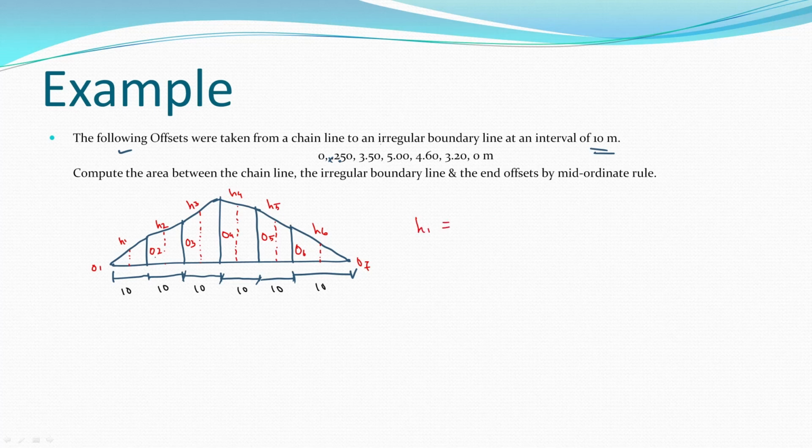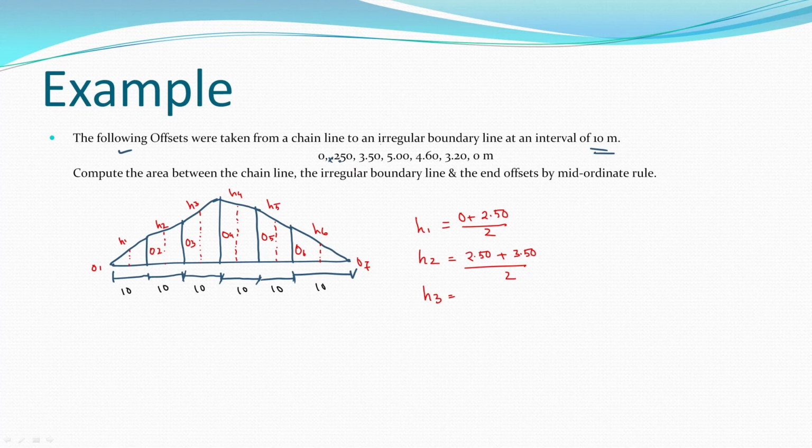So what will be the value of H1? That will be 0 plus 2.50 by 2. H2 will be 2.50 plus 3.50 by 2.